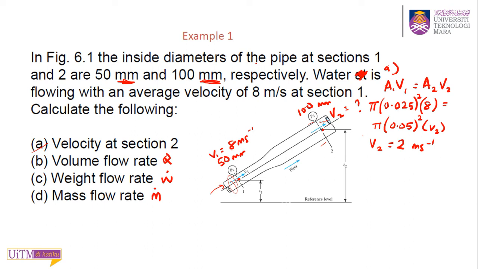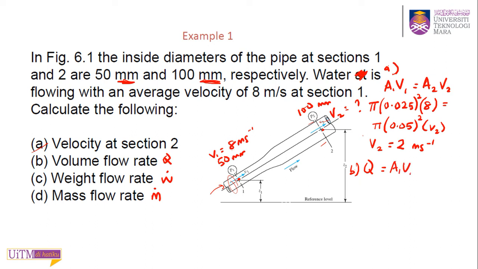Okay. And the next one, the volume flow rate, the Q. How to find the Q? What do we use? Volume flow rate, Q equals AV.